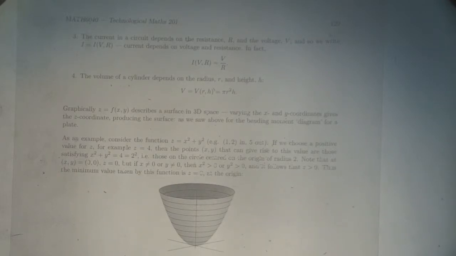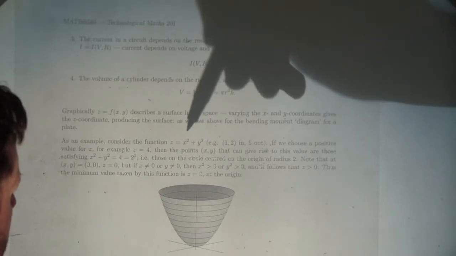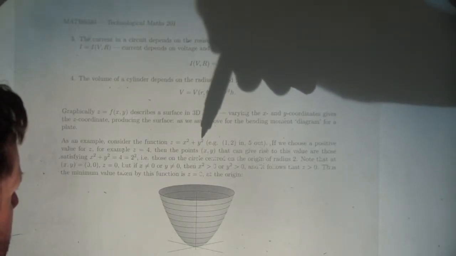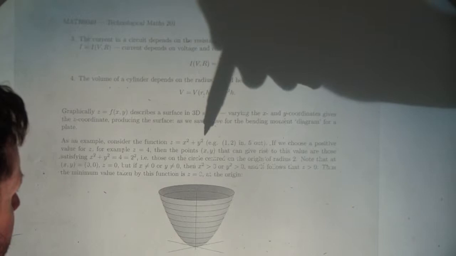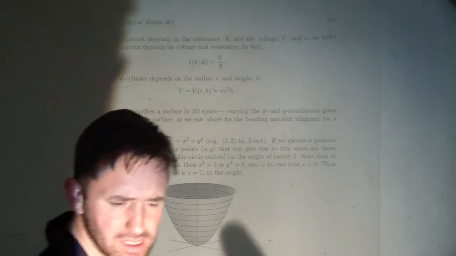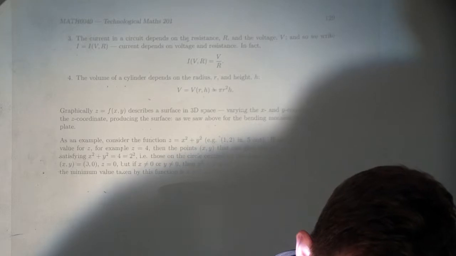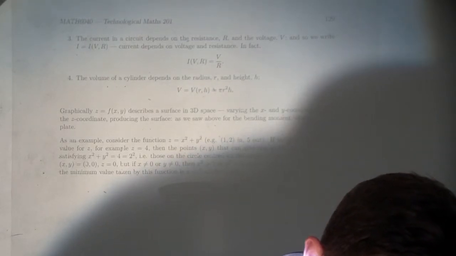So for example, consider this function: x and y in, x squared plus y squared out. If you put in x equal to 1, y equal to 2, you get out 1 squared plus 2 squared, 1 plus 4 is 5. So we should see the point 1, 2, 5 on this: x equal to 1, y equal to 2, z equal to 5.